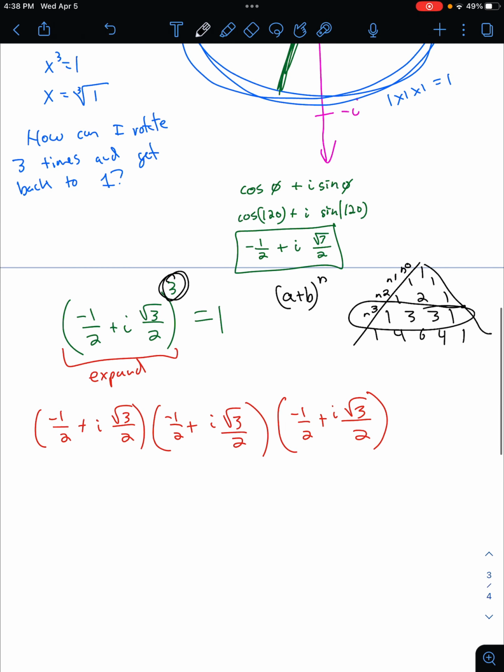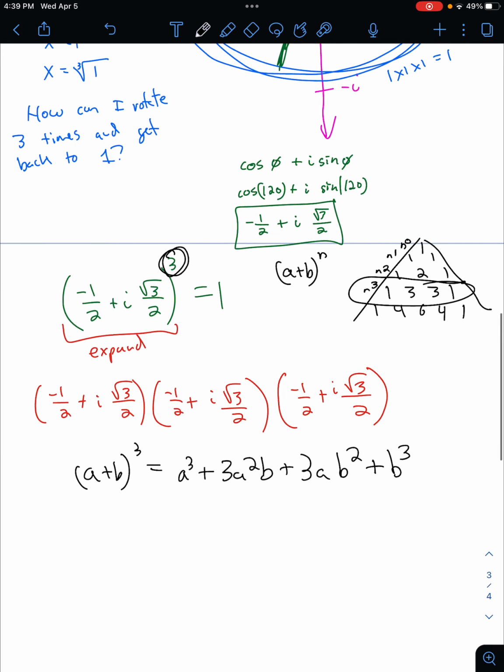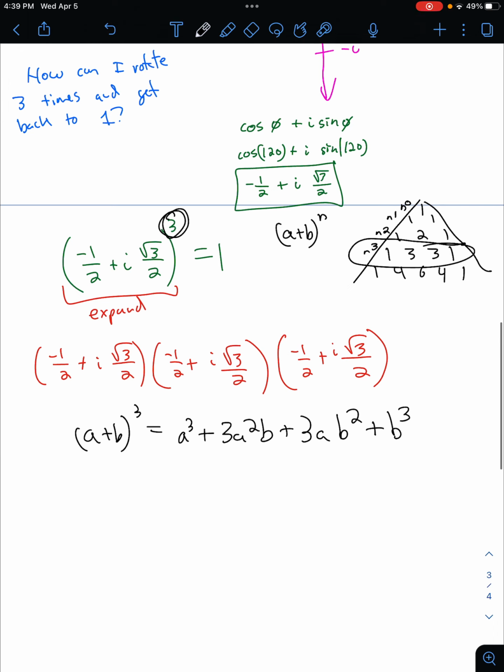I'm going to end up with a plus b cubed expanding to a cubed plus 3a squared b plus 3ab squared plus b cubed. Okay, in this case, a is given by negative 1/2. b is given by i square root 3 over 2.